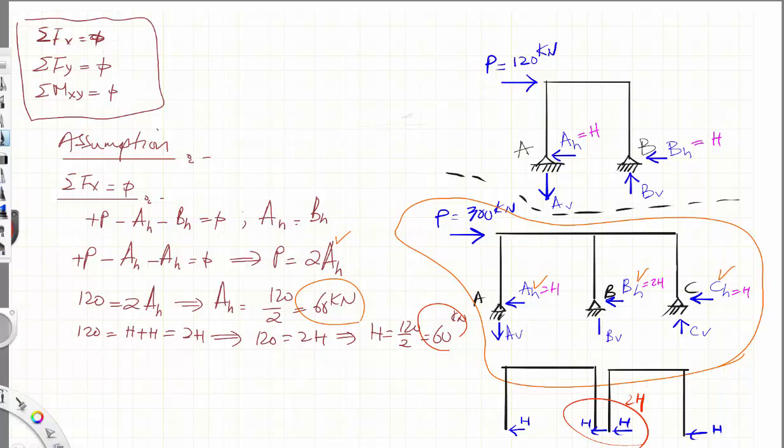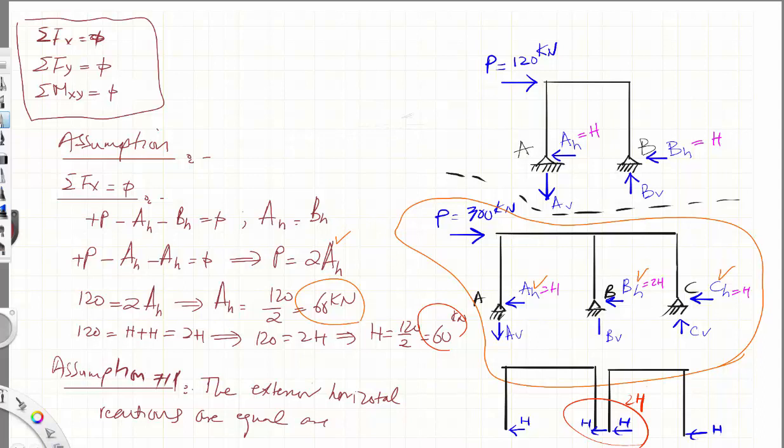So the first rule, you can write this in your own words, is assumption number 1: the exterior horizontal reactions are equal, and the interior horizontal reaction is 2 times the exterior.